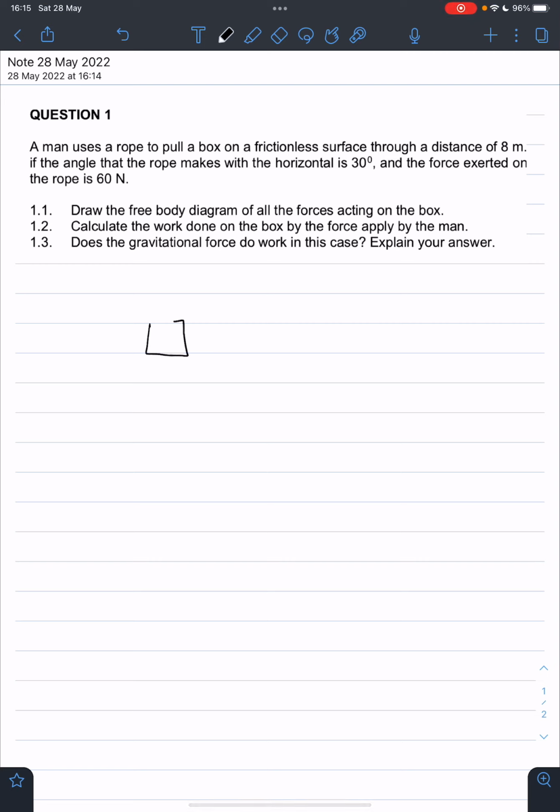We have a box. This box rests on a frictionless surface.